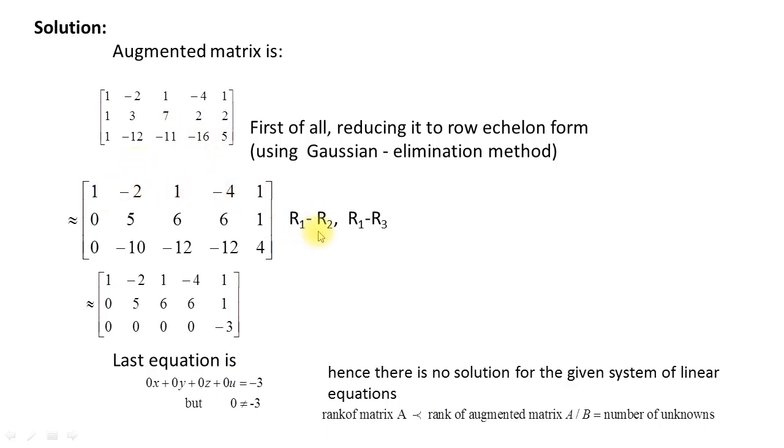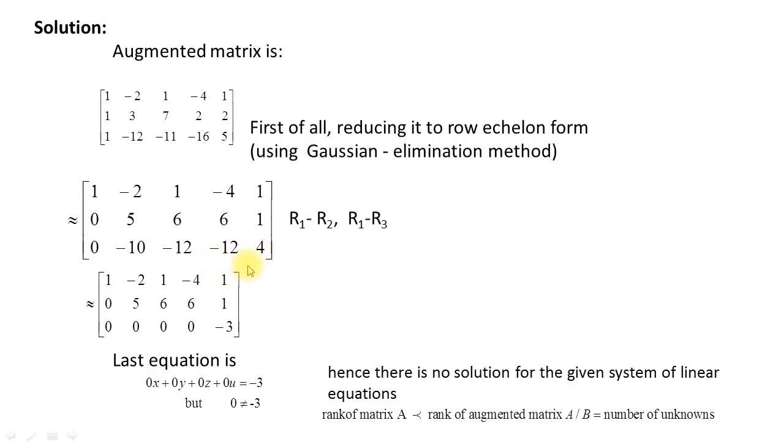Performing these operations, subtract R1 from R2 and then subtract R1 from R3. We obtain 1, minus 2, 1, minus 4, 1, 0, 1, 0, 5, 6, 6, 1, 0, minus 10, minus 12, 4.